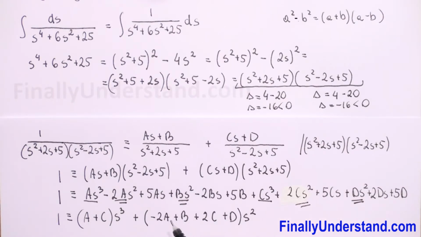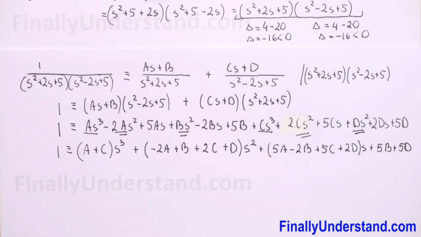Next we have the expression with s, so will be plus (5a minus 2b plus 5c plus 2d) times s of course, and what we have plus 5b plus 5d.